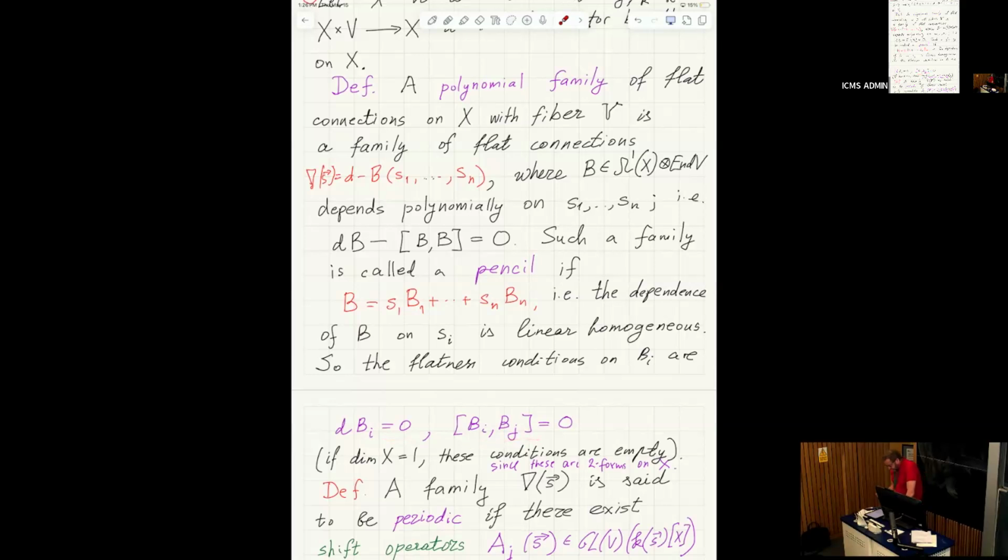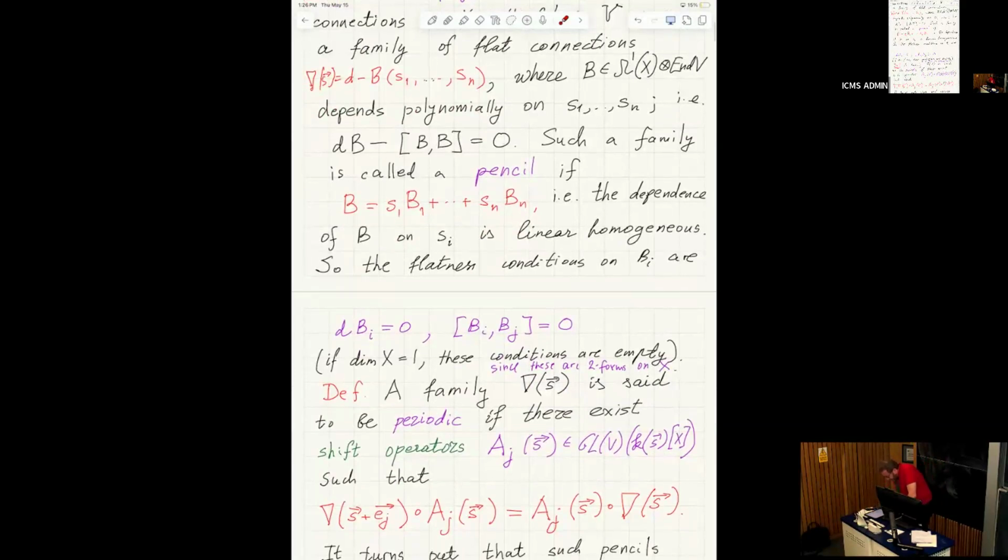But in the one-dimensional case, these conditions are vacuous, and this theory is going to be interesting even in the one-dimensional case. I will give an example of a pencil, but until we reach it, you can think, for example, of Knizhnik-Zamolodchikov or Dunkl differential equations, where the right-hand side depends linearly on some parameter h bar.